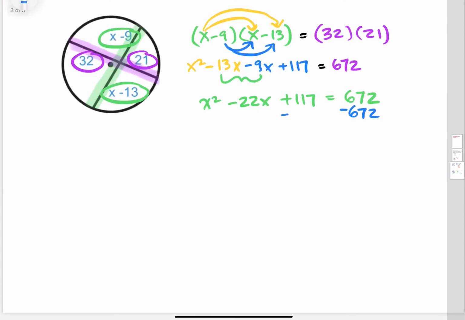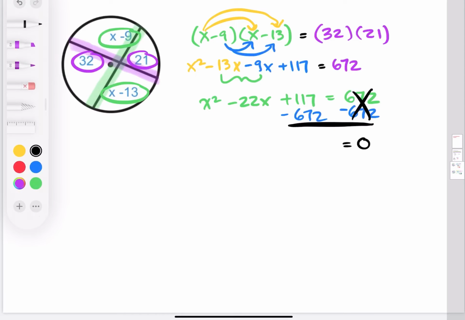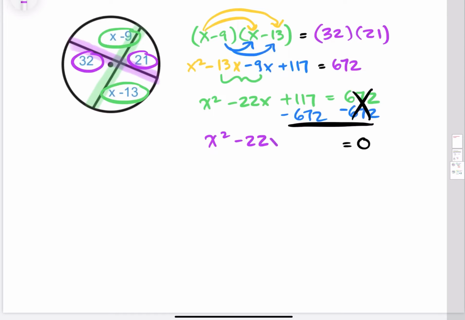So I'm going to subtract 672 on both sides, so that the 672s on the right will cancel each other out, giving us that 0. And now I'm just going to simplify everything else on the left. So now I've got x squared minus 22x, and 117 minus 672, well, that's going to give us negative 555.